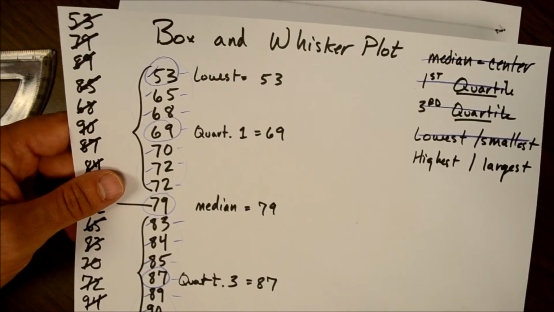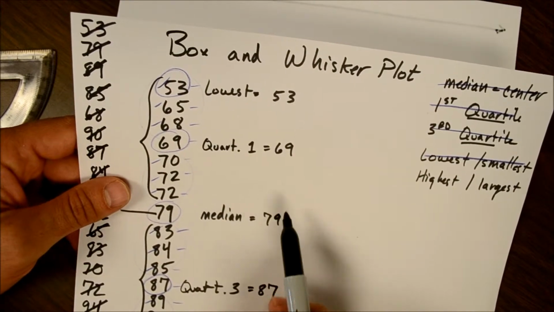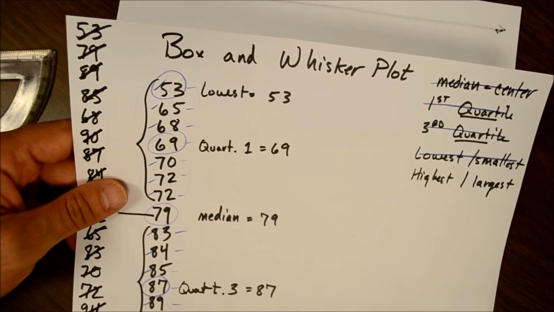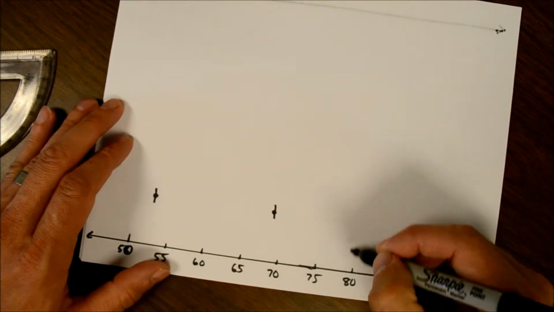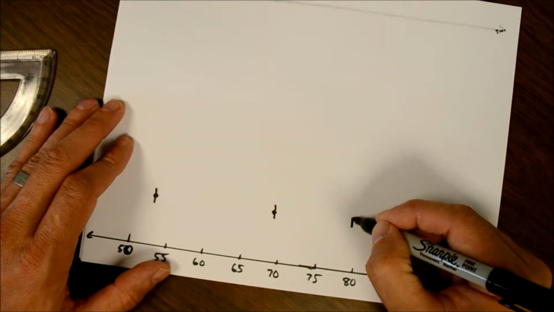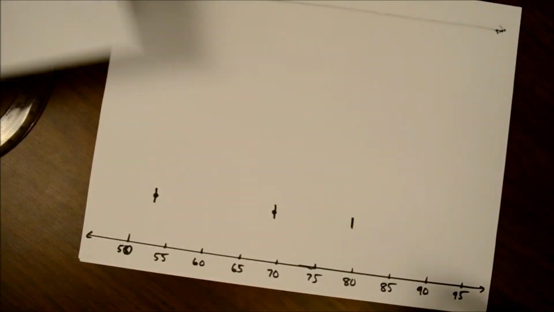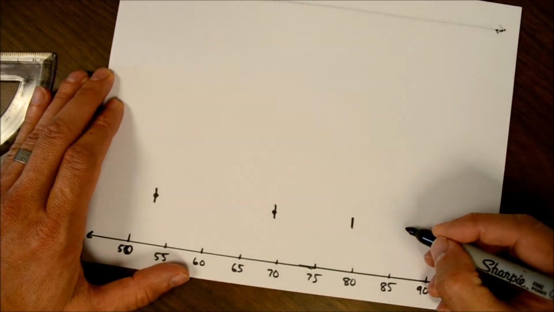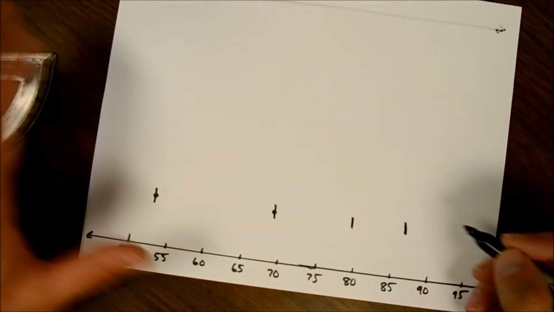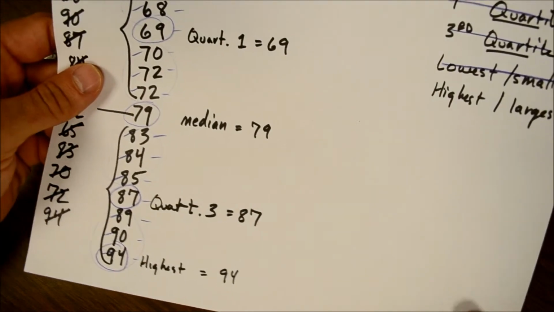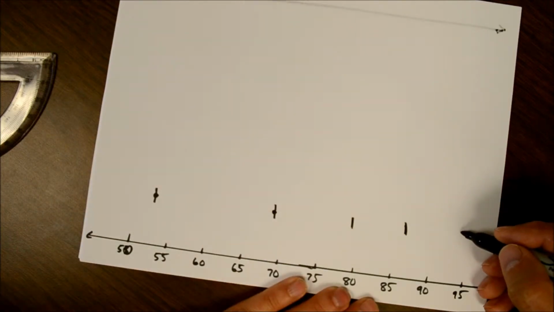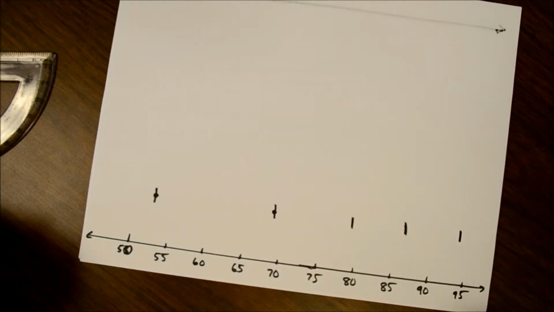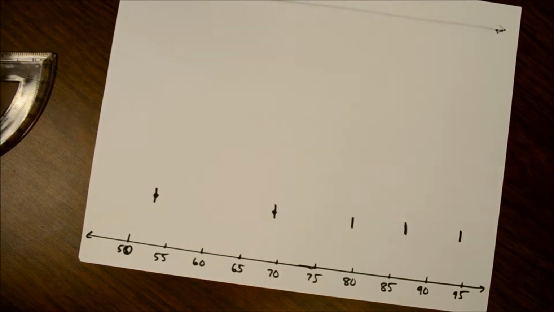The median, or we could call this the second quartile, first, second, third quartile. All right. The median is 79. The third quartile is 87. And the fourth quartile, 94. We have these 5 lines here.